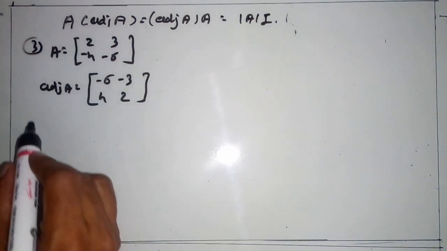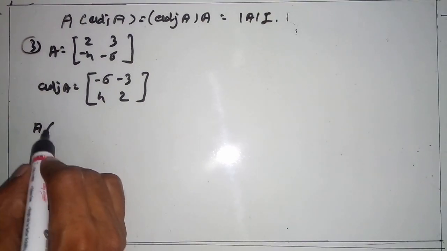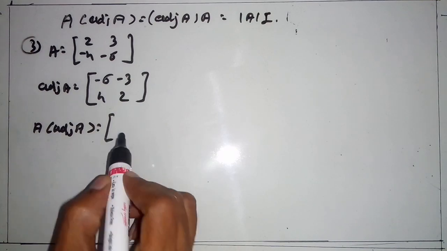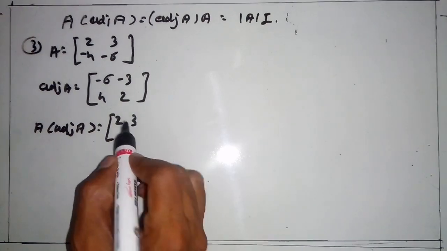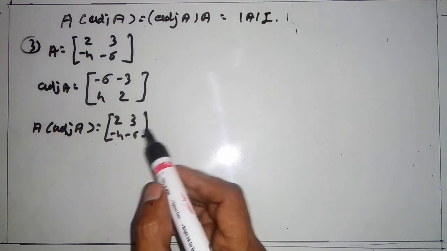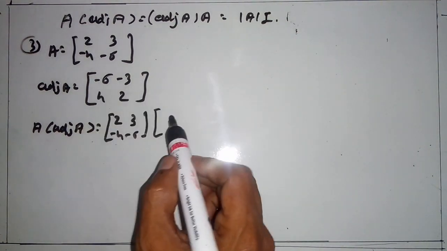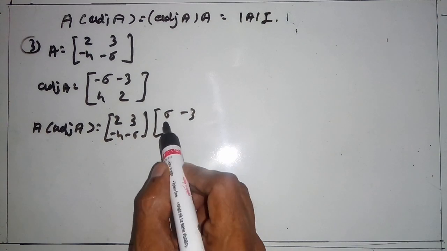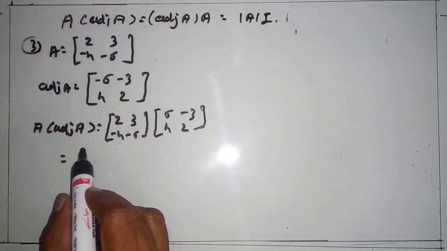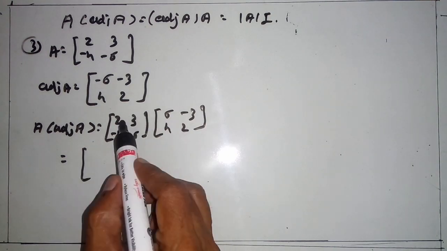Now find the matrix multiplication A into adjoint of A, which is 2, 3, minus 4, minus 6 into 6, minus 3, 4, 2. Clear? Now find the matrix multiplication of these two.